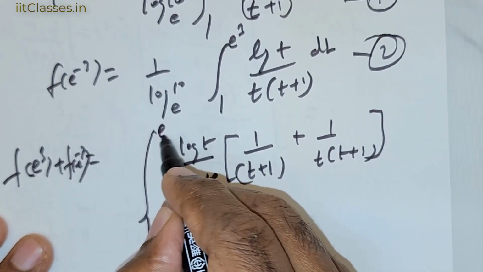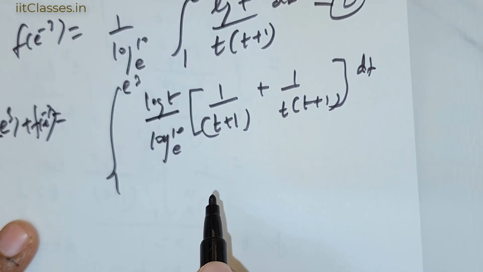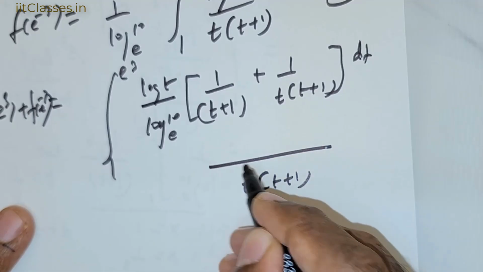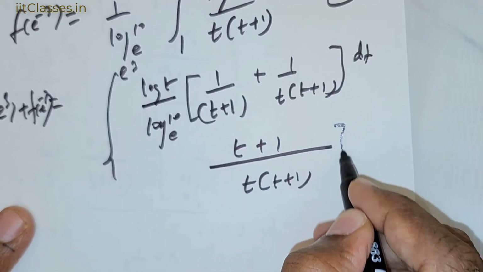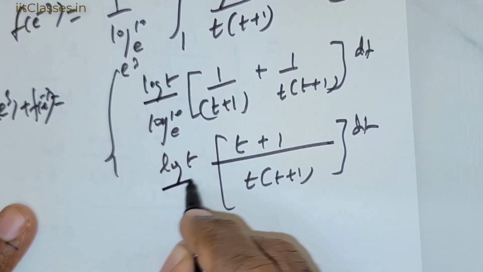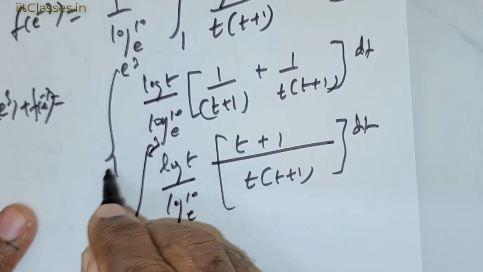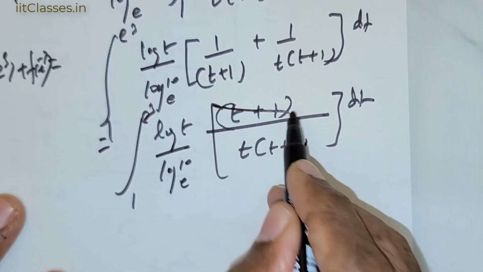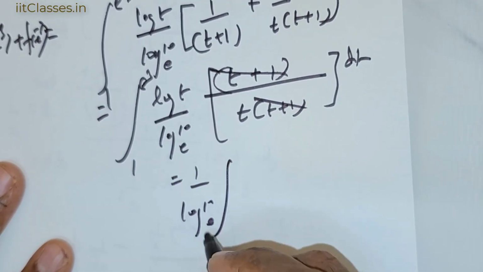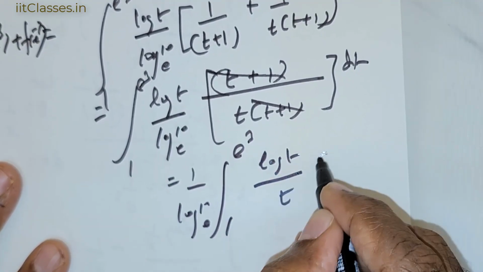So the limits are 1 to e raised to the power of 3 times dt. Now we can simplify this. t times (t + 1), you get a t here, you get a 1 there, times dt, and you have log t divided by log 10 to the base e, integral 1 to e cubed. So t + 1 goes out, so I'm taking the constant log 10 to the base e out. We have 1 to e cubed log t over t times dt.